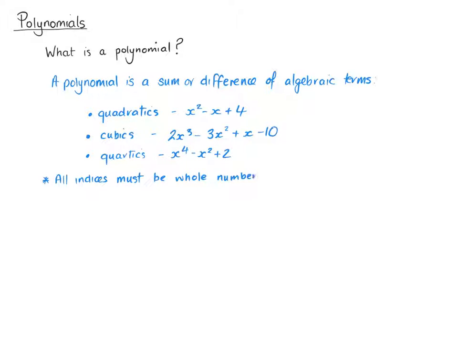When we're talking about polynomials, we talk about the degree of a polynomial, and we talk about coefficients as well. The coefficient we should know already. The coefficient of an algebraic term is the number in front of it.